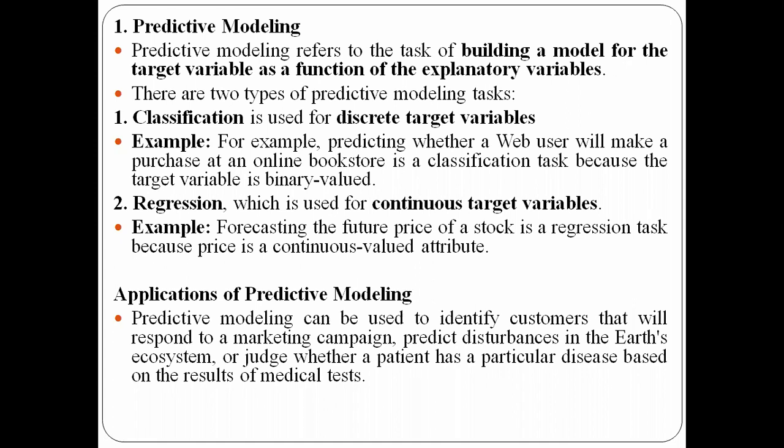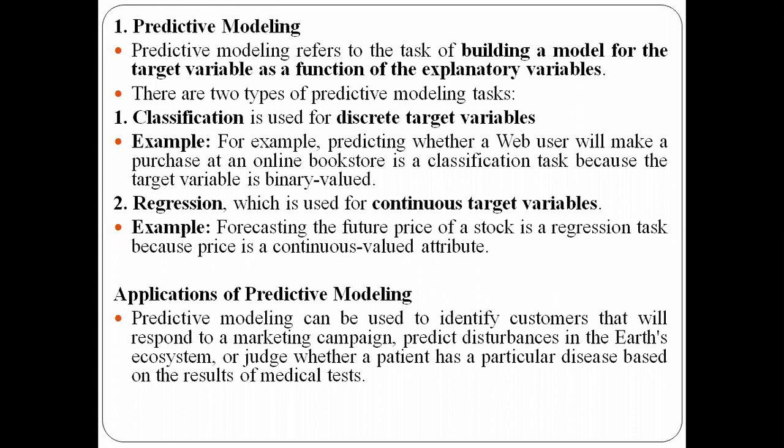I'll give one example. For example, you have your online bookstore. One web user is going to arrive and you want to predict whether that person is going to buy a book at your store or not. Such a task can be described by two output values here. Either it will be 0 or 1, that is a binary value.